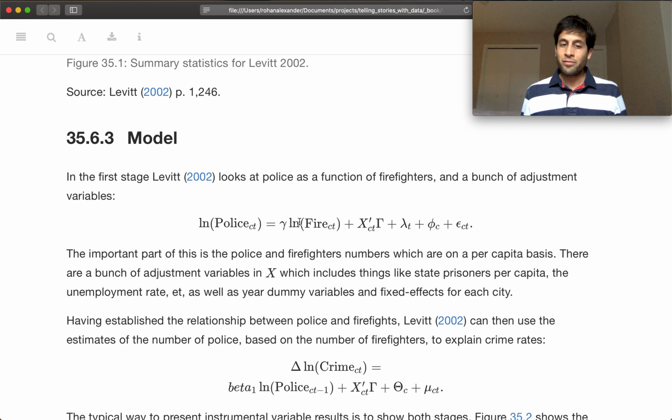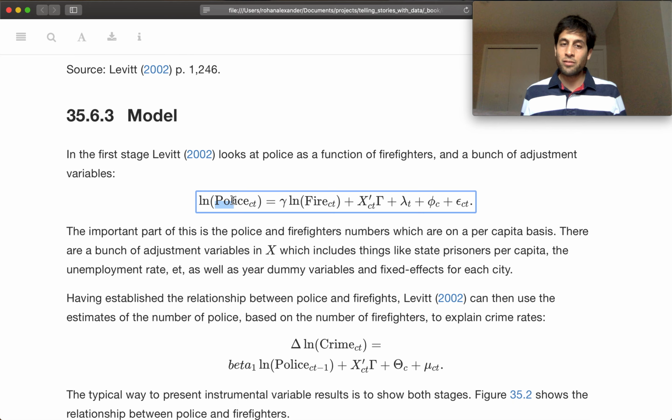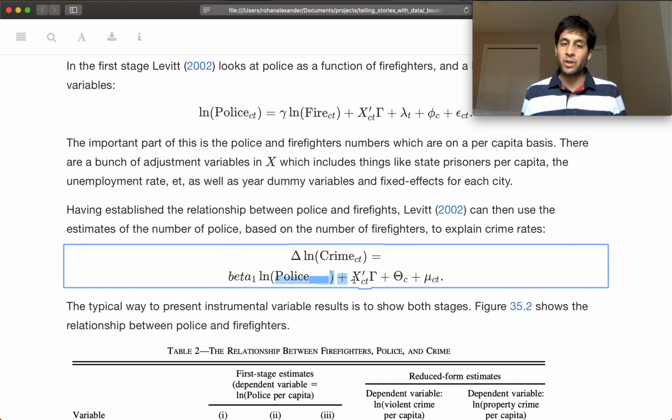So once we have that equation estimated, then we use that forecast to itself explain the amount of crime. And again, that's the important part of the regression, but there are a whole bunch of other variables being used to adjust for things.